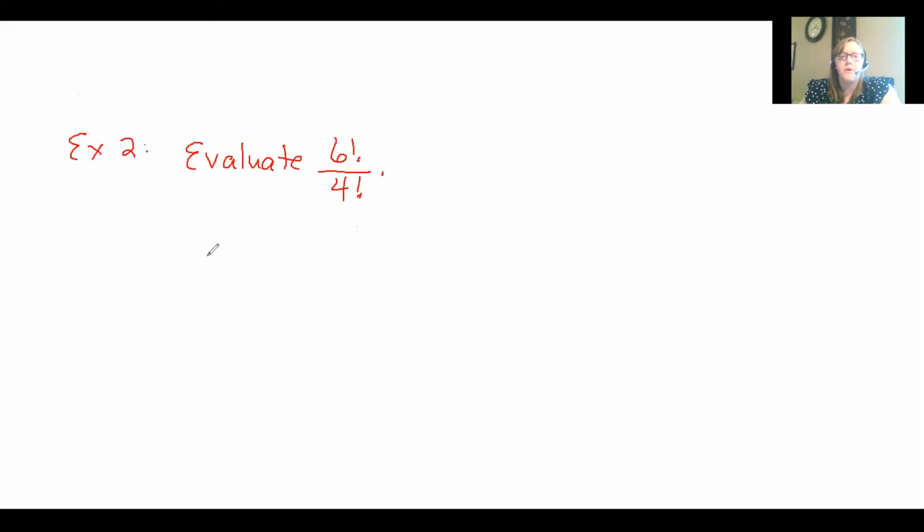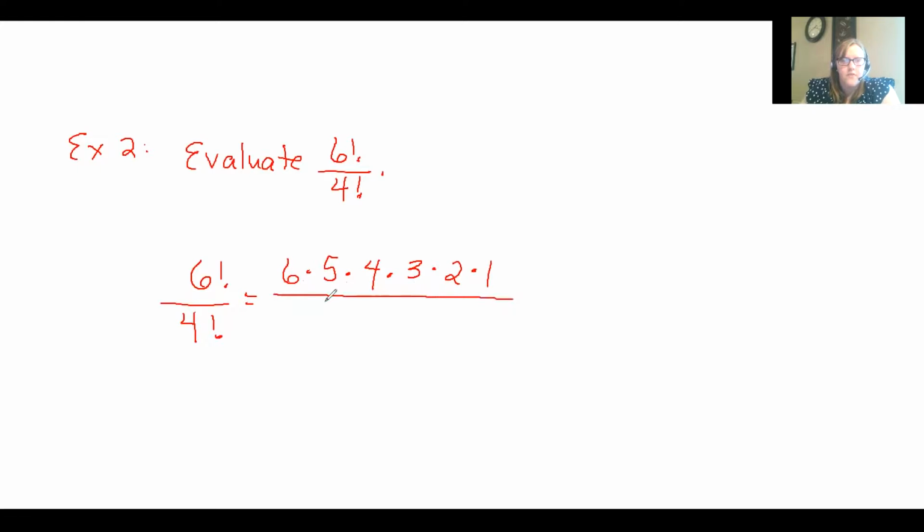And I'm going to show you both ways. So we know from beforehand 6 factorial is equal to 6 times 5 times 4 times 3 times 2 times 1. And 4 factorial is equal to 4 times 3 times 2 times 1.